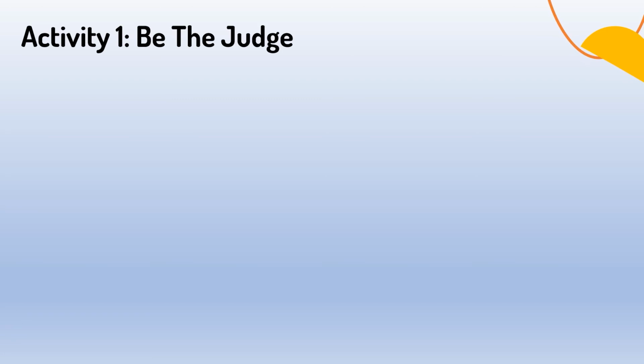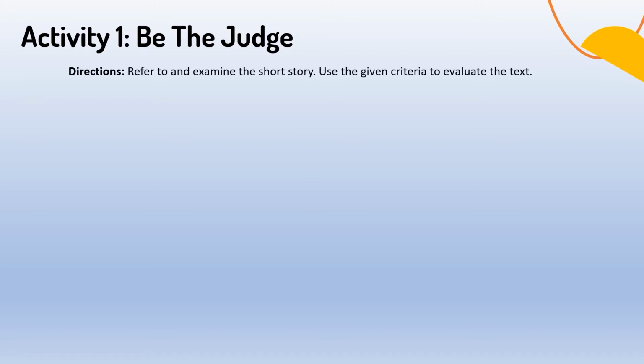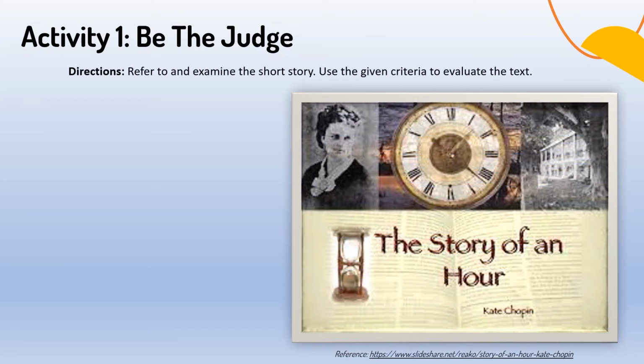Now it's activity time. The first activity is you will be the judge. There is a text, a short story that you will read. So after reading, you will evaluate that text using the set of criteria.